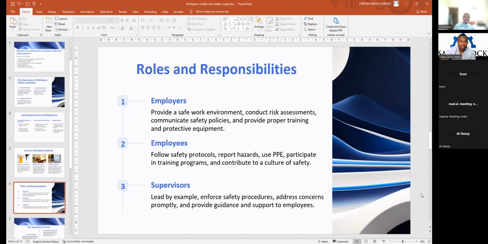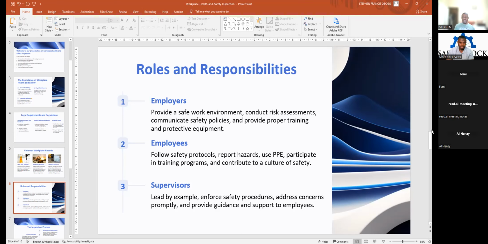And also, I want to focus on the roles and responsibilities, which have already been spelled out, even in those laws that have been stated: the Health and Safety at Work Act, other regulations and standards, even the ILO. These laws have already empowered the employer to provide a safe working environment.